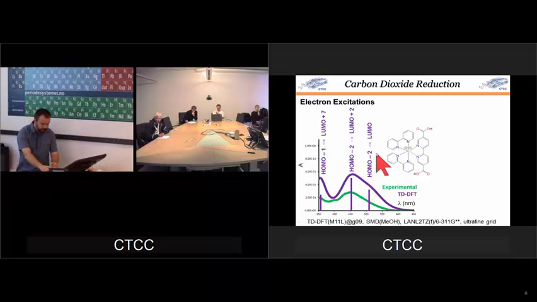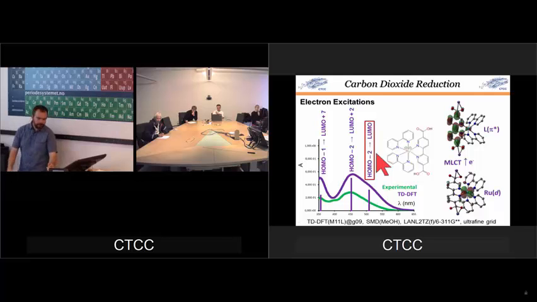And actually, this last one is very interesting because it's the lowest energy, going to the infrared side of the spectrum. It also has a very interesting nature because it is a metal to ligand charge transfer, in which you have one electron excited from this d orbital on ruthenium to this pi star antibonding orbital on the ligand. That's a real important thing.